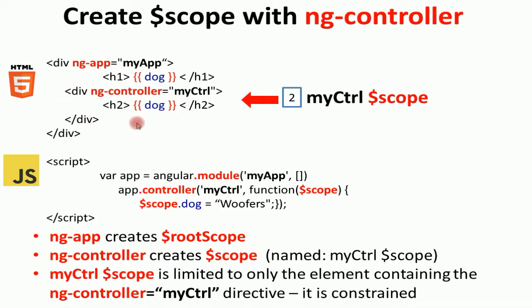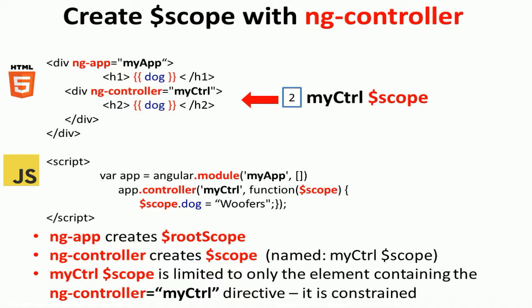In the HTML above, the dog property that is tied to the myCTRL controller will only be available to the element containing the ng-controller directive with the myCTRL value, and not to this h1 element that is outside of the ng-controller div. The dog property value, which is woofers, will only be rendered in the h2 element by one-way data binding and not in the h1 element, as the h1 element has no link at all to the myCTRL controller.